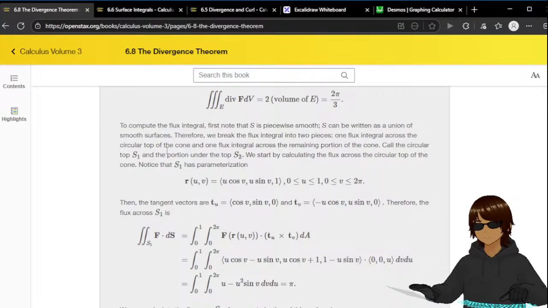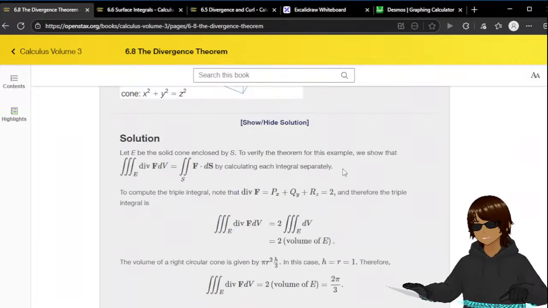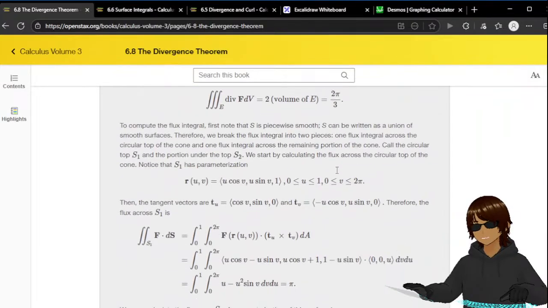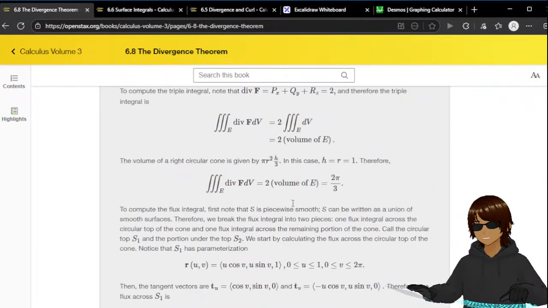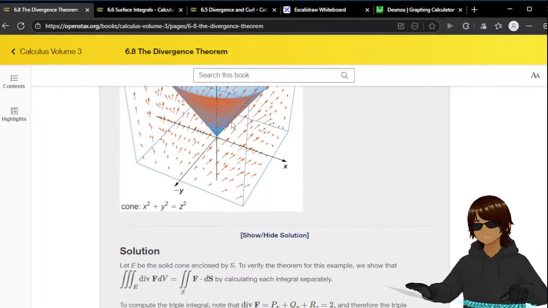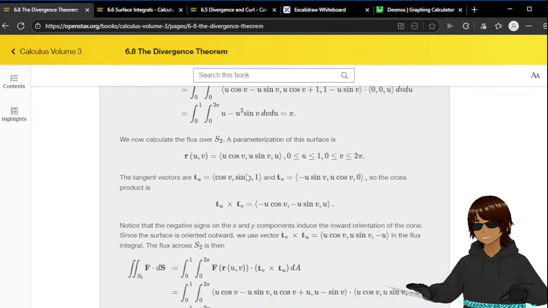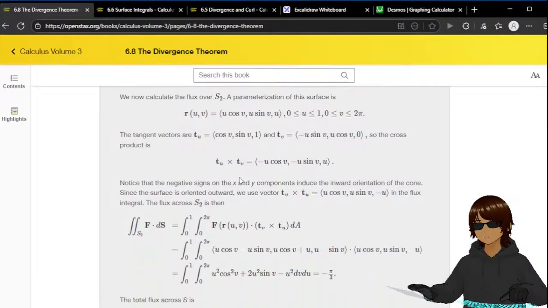S can be written as a union of smooth surfaces. Therefore, break the flux integral into two pieces: one flux integral across the circular top of the cone, and one flux integral across the remaining portion of the cone. Oh, so this flux integral they're calculating is only for the lateral surface. Now they need a separate one for the top of the cone.